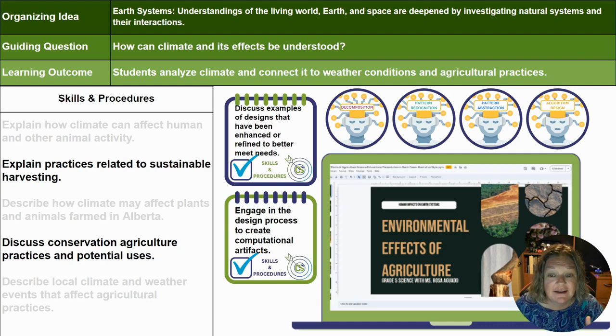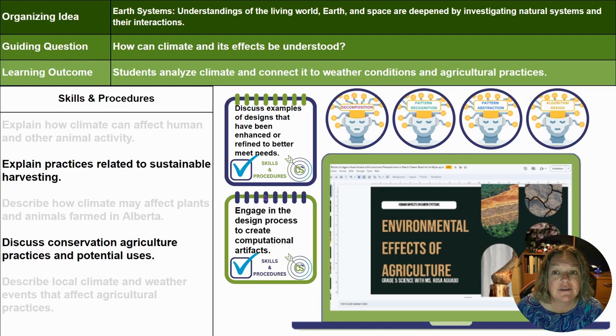You're going to check these off, looking at these things specifically, breaking down harvesting practices and comparing with climate. We're going to be working in that computational thinking as well, looking at different types of conservation practices. We might look for patterns. What is the same between these types of practices?